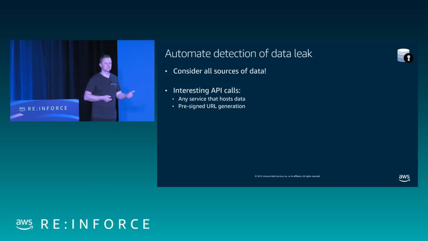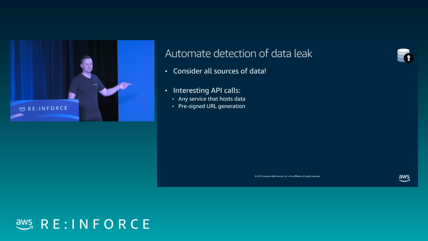With AWS, you can use CloudTrail and look at interesting API calls. A really interesting API call for S3 is pre-signed URLs. You can generate these URLs, and anyone who has that URL can get to that object. That is an incredibly powerful API action that you should be very aware of.